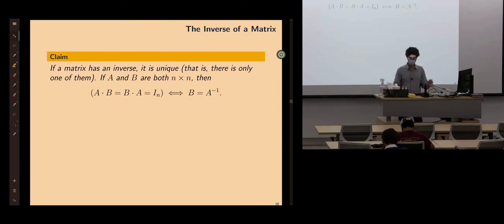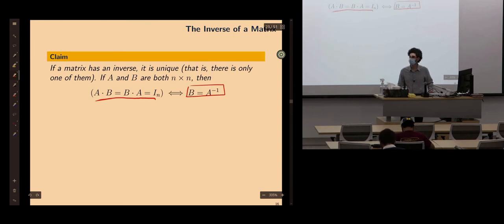That means there's only one of them. If A and B are both n by n, and it happens that A times B equals B times A is the identity matrix, then B must be the inverse of A. There is no other explanation, okay? It is unique.